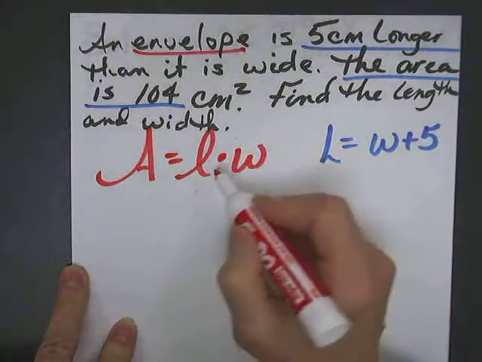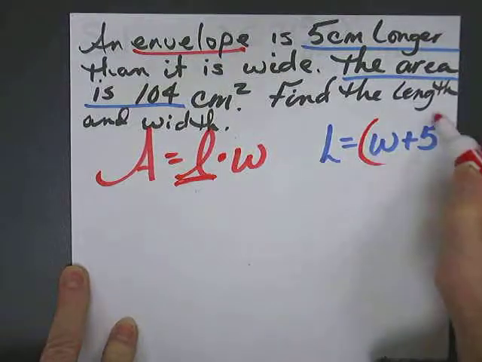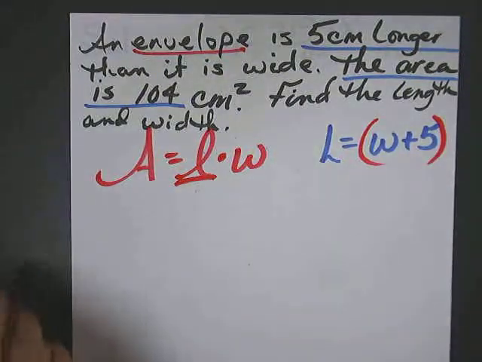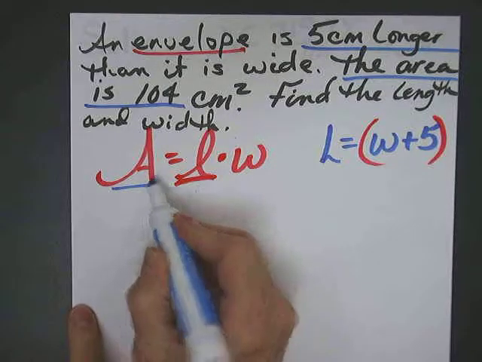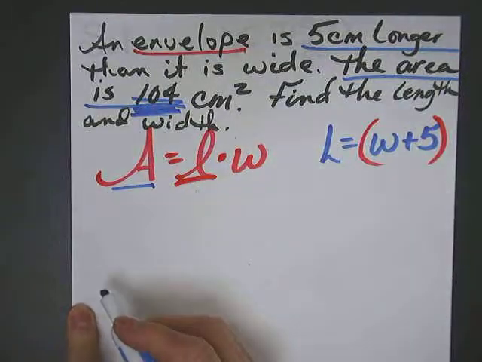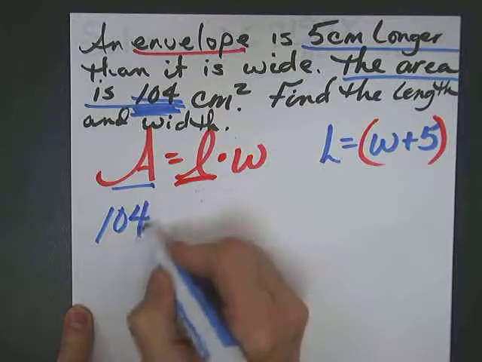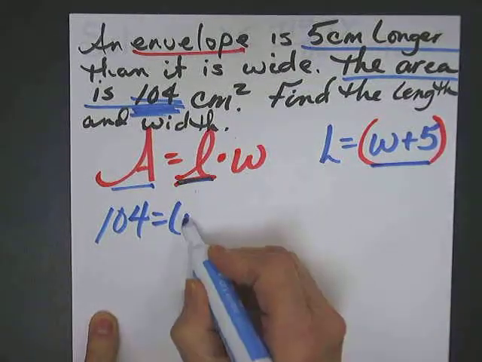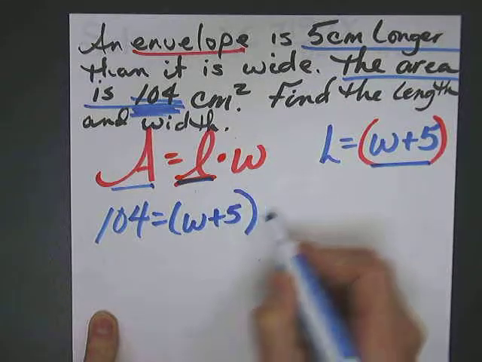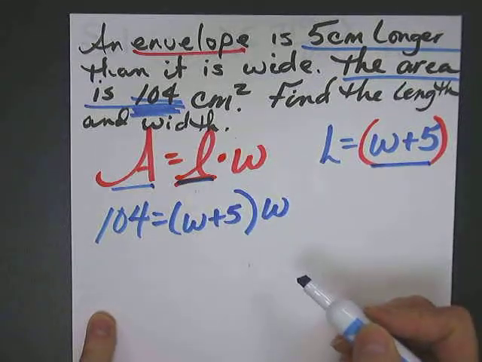Yeah. Okay. Instead of L, we're going to put this. Do we know the area? 104. Instead of L, we're going to put what? This.